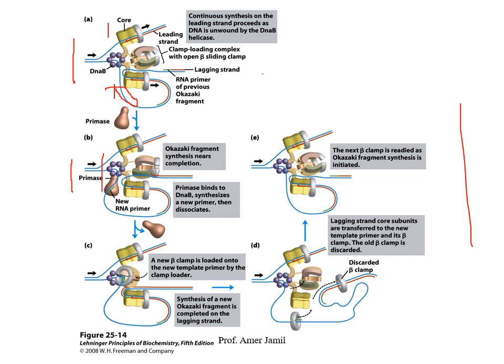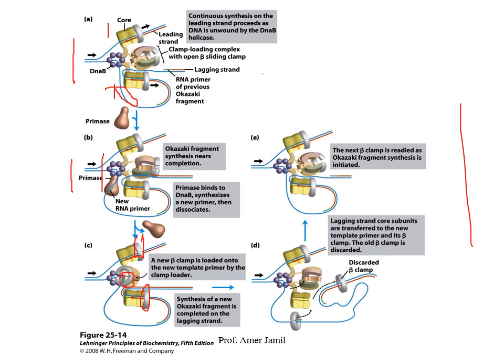And the other process is the same, that there is an addition of primer with the help of primase and other proteins, and one important function is of the clamp. So you can see in all these pictures, this is a beta clamp here, and this is a beta clamp. Both cores of DNA polymerase 3 contain this beta clamp, and this is the beta clamp loader.